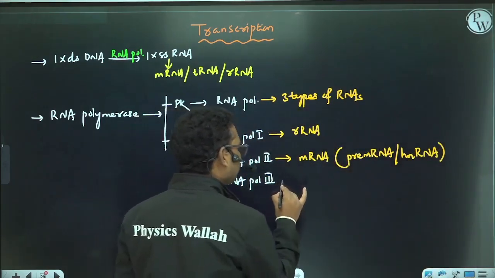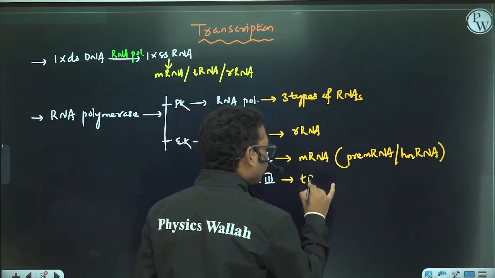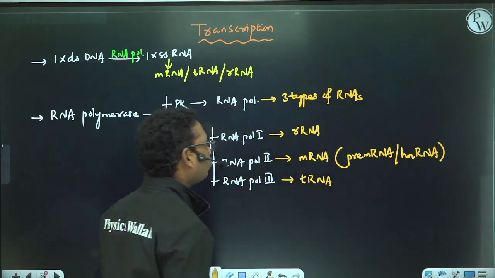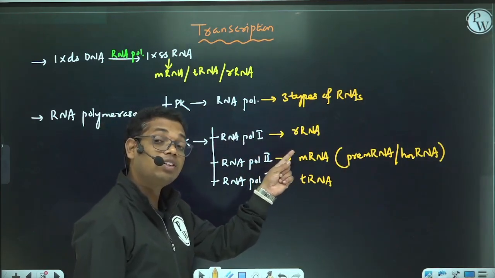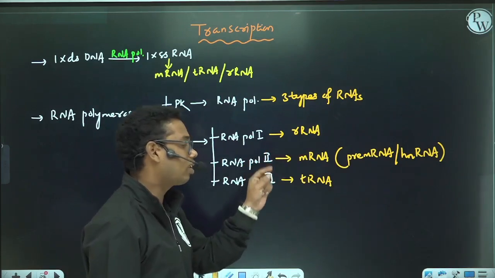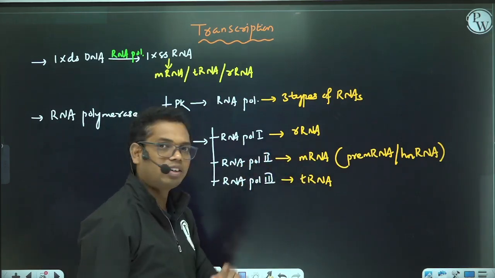And RNA polymerase 3 is responsible for synthesis of tRNA. Remember, these are synthesized in the form of pre-rRNA, pre-mRNA, pre-tRNA.